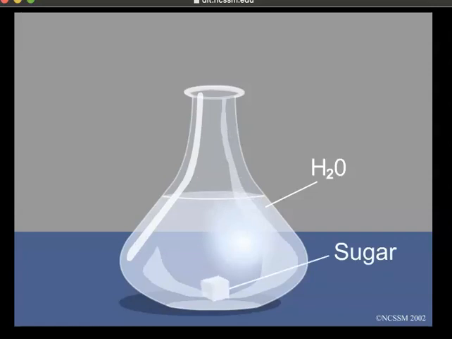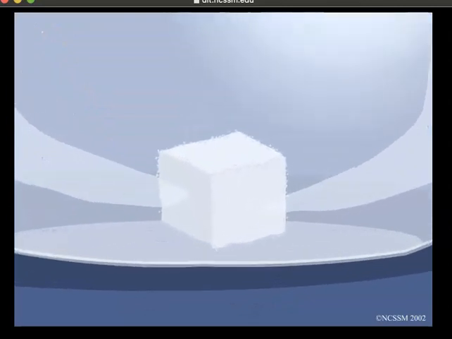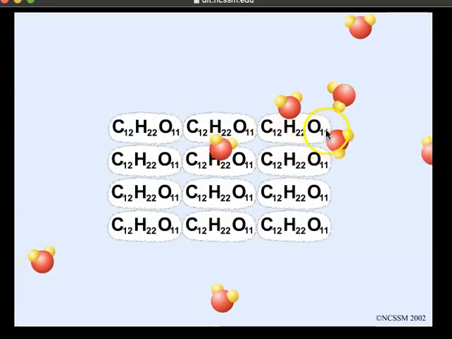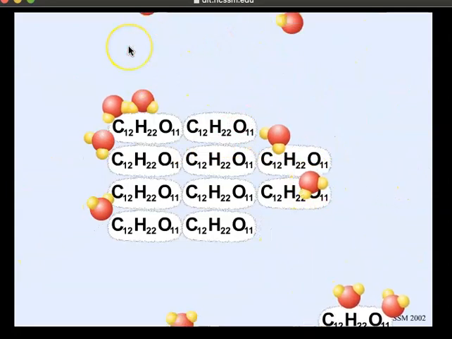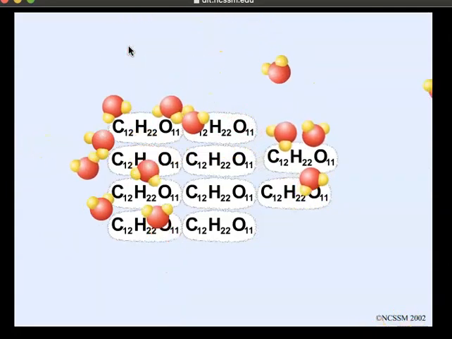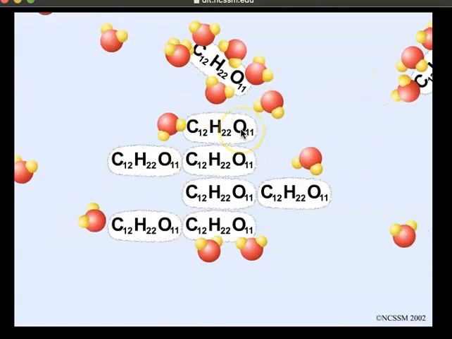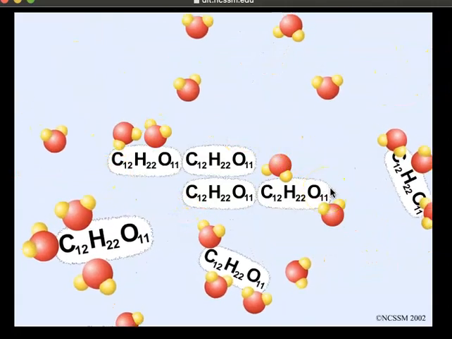When sugar dissolves, it's going to look the same macroscopically. But when you really zoom in, you'll notice one big difference: the molecule itself stays together as it gets carried away. It's a similar thing in that this polar sugar molecule has an oxygen in it, which has a really great ability to attract electrons, and carbon and hydrogen aren't so good.